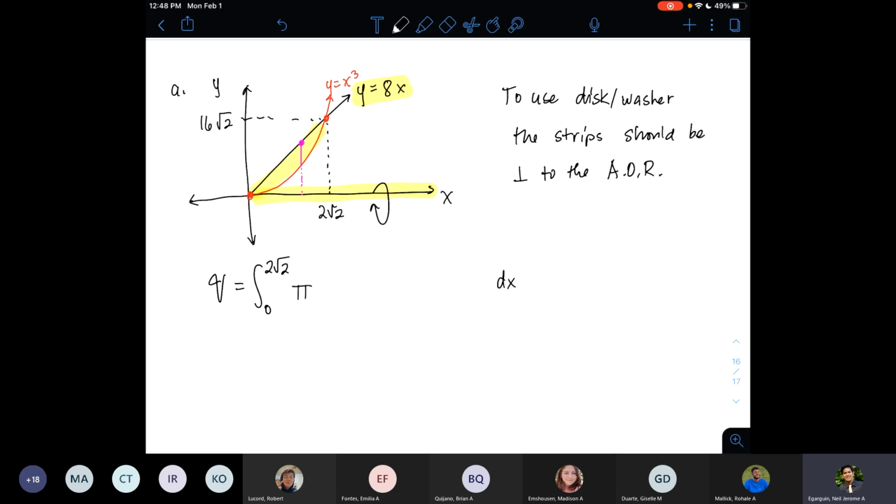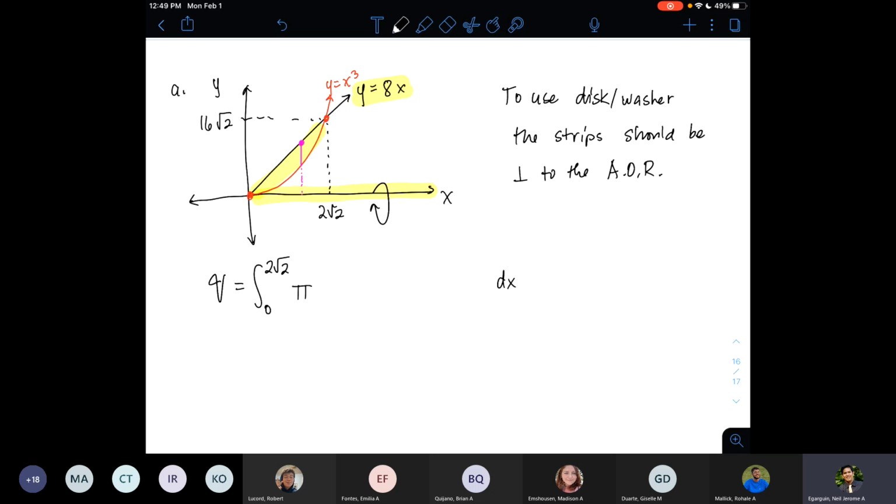But this is a little bit different, because would you agree that there would be a hollow or empty space in the solid? If you rotate the region with respect to the x-axis, you will form some sort of empty space in the interior of the solid, right?